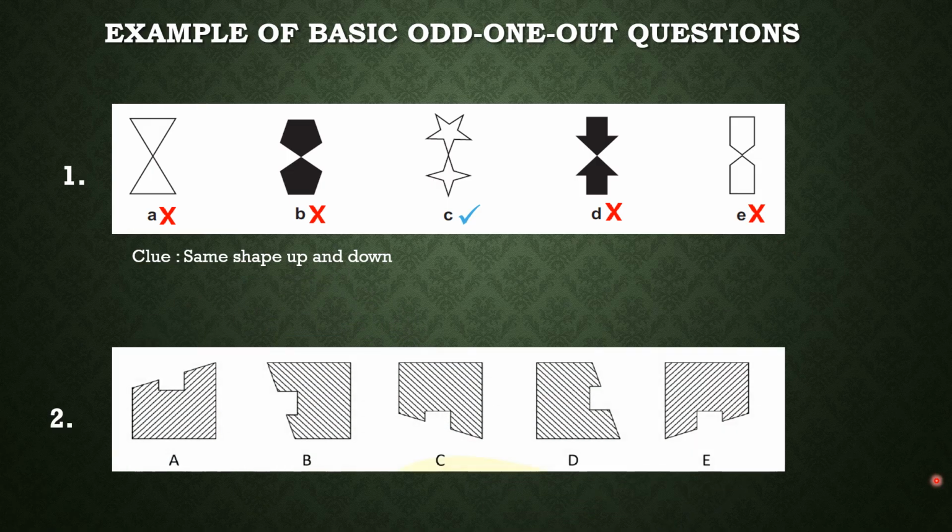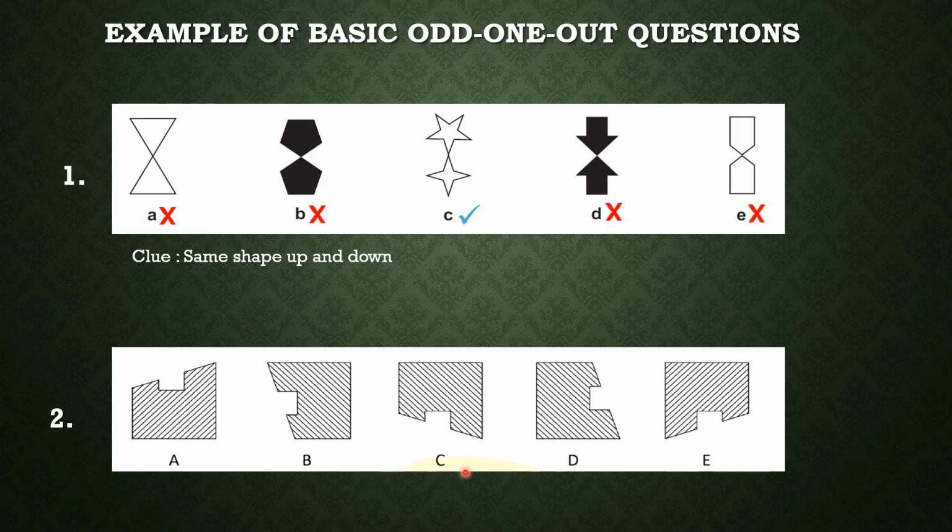Now let's have a look at the next example. In this example, we can see all these shapes are rotated shapes and the shading goes from left to right in an upward direction. In option B, it's a similar case wherein the left hand side is at less height and the right hand side is at higher height.